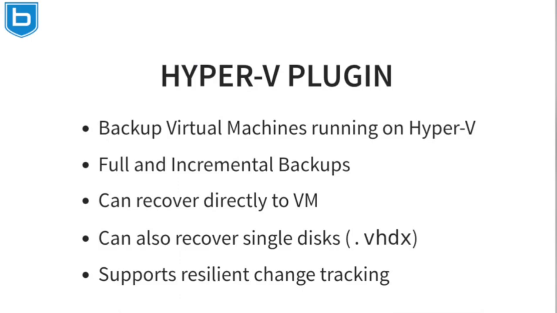So we also have a Hyper-V plugin now available. It can back up virtual machines running on Hyper-V. It can do full and incremental backups. It can recover directly to a new virtual machine, for example, or recreate the existing one. We are also able to recover single disks if that is required.